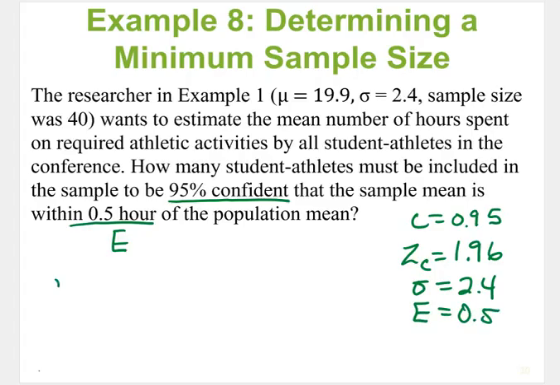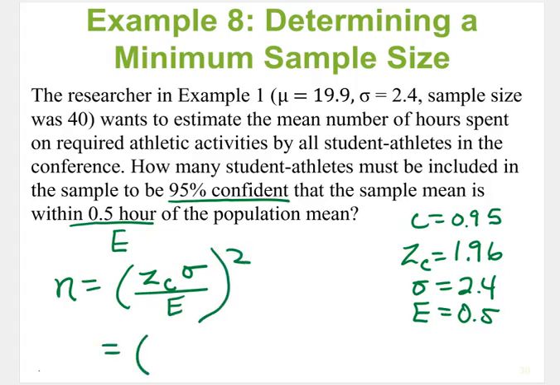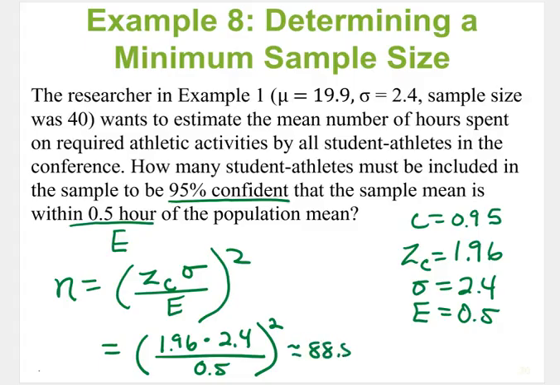So I'm going to write down my formula. n equals the critical value times sigma, divided by E, squared. All right, so that would be 1.96. I would multiply by sigma, which is 2.4. I would divide by 0.5, and then whatever all that is, I'll square it, and that'll give me n. And that turns out to be 88.51.